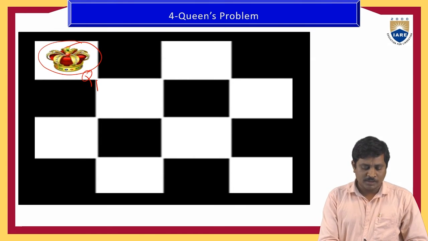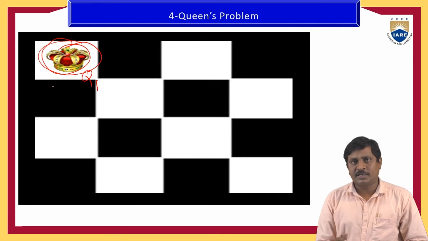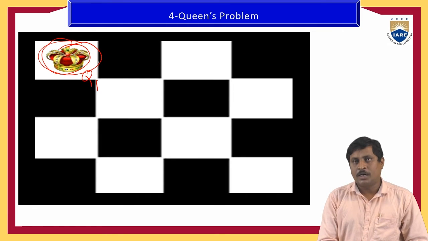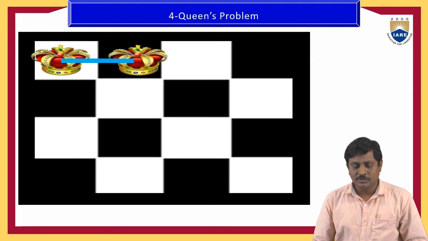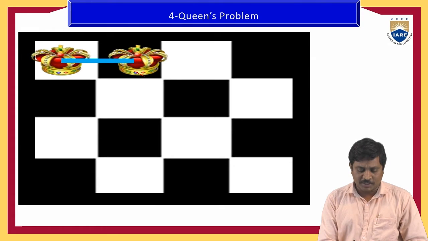So here this is the first queen. Here the condition is no queen placed either diagonal to this one, or row wise, or column wise to this queen. So there is no need to place one here.